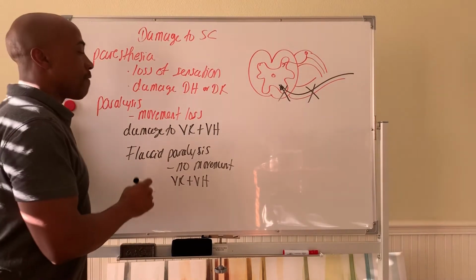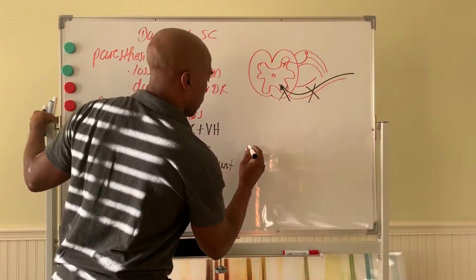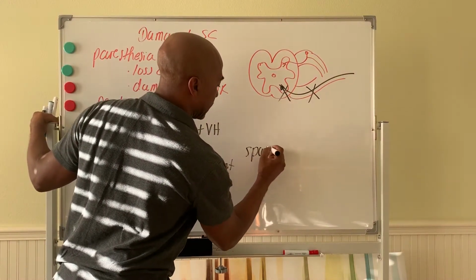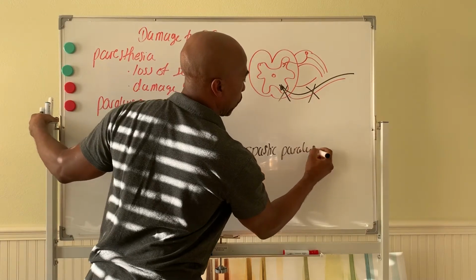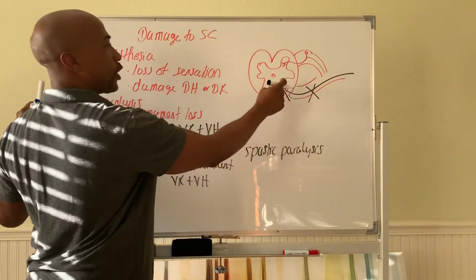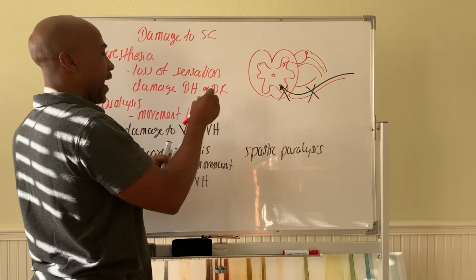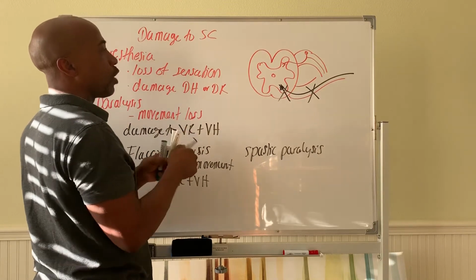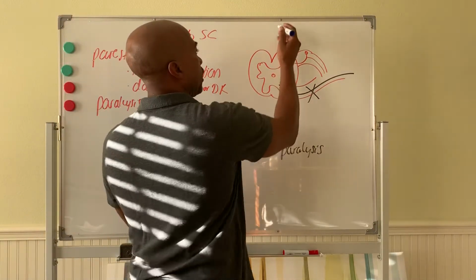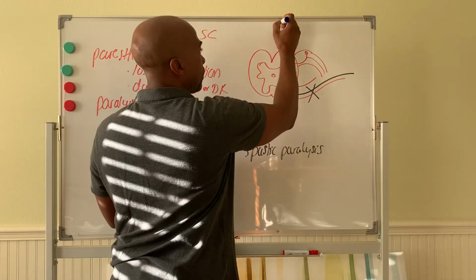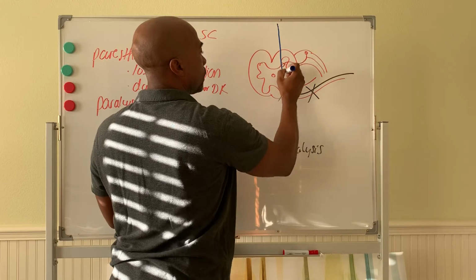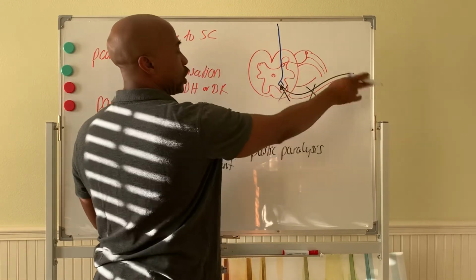There's another form of paralysis called spastic paralysis. Okay, so these neurons here must get commands from neurons upper, maybe in your primary motor cortex. So those neurons come down to synapse to command these neurons to go out to the muscle.